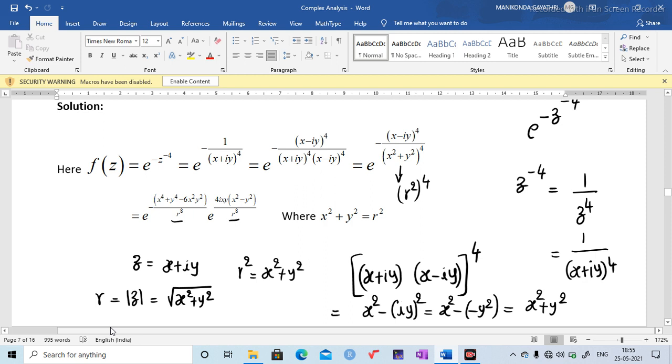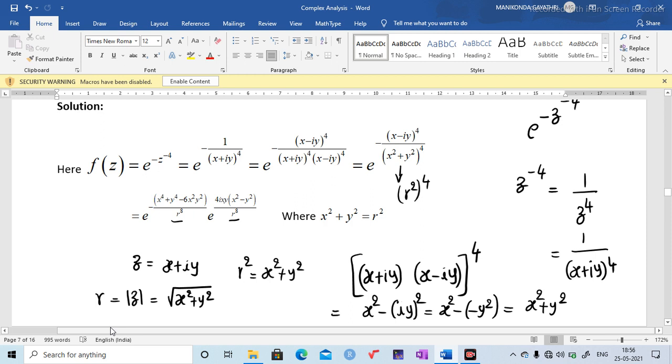Next I am going to expand x minus iy whole power 4 by using the binomial theorem. Then I am going to get this as the real part and this as the imaginary part. So I am splitting, that means e power of this one fraction, but to write the imaginary part separate and the real part separate, I am going to write like this.